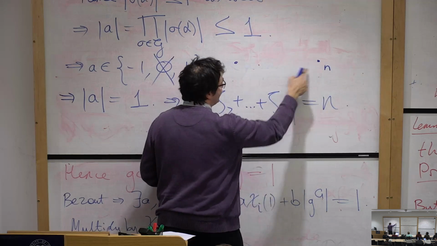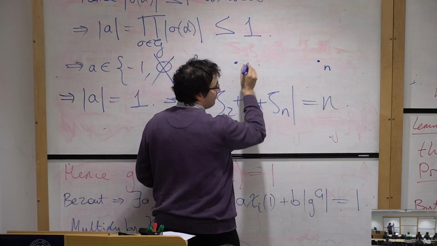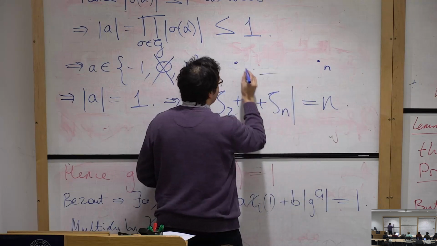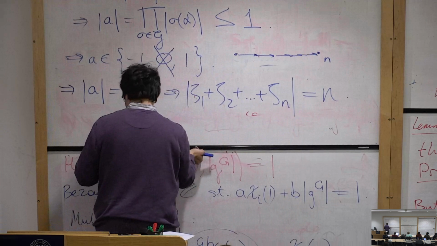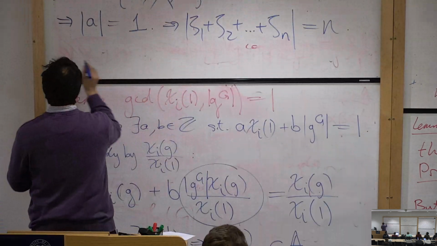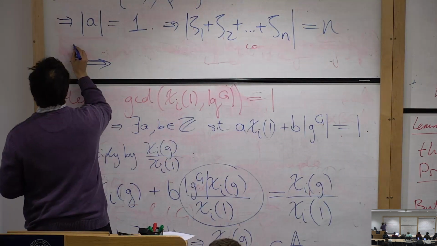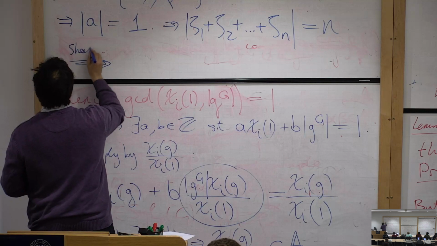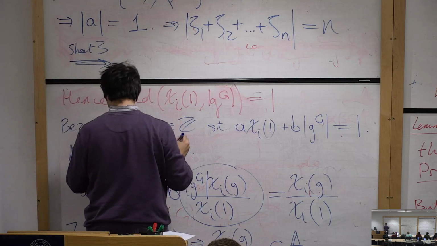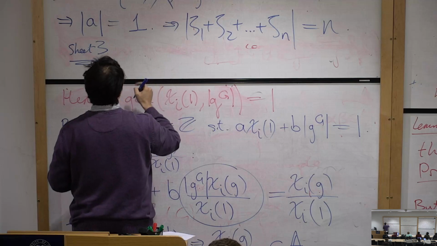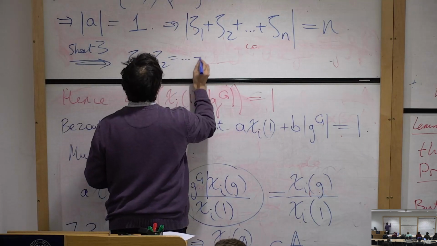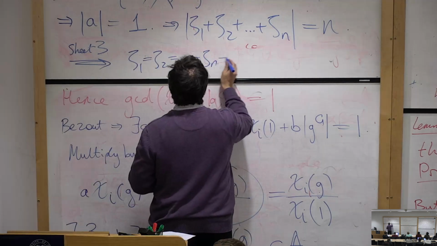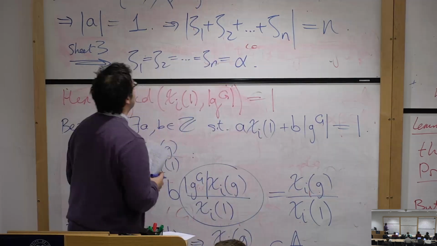The only way to get from here to n in n steps of vectors of length 1 is along the horizontal line, right? It's an exercise, Sheet 3, some question. And the conclusion is that they're all equal. And if they're all equal, then the average is also. That's what I wanted to prove.